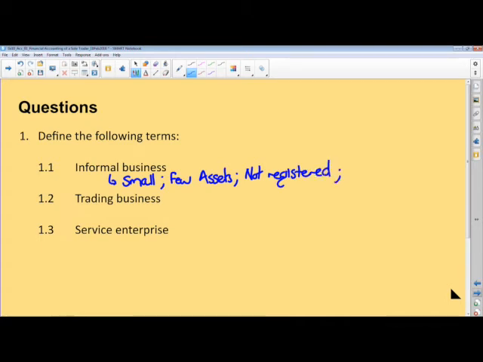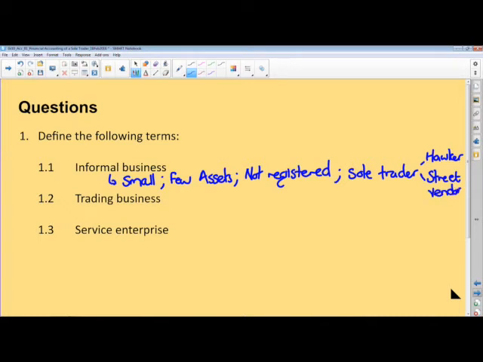And they're normally a sole trader. Now let's look at an example. Can be a hawker or a street vendor. Hope you got that one right.